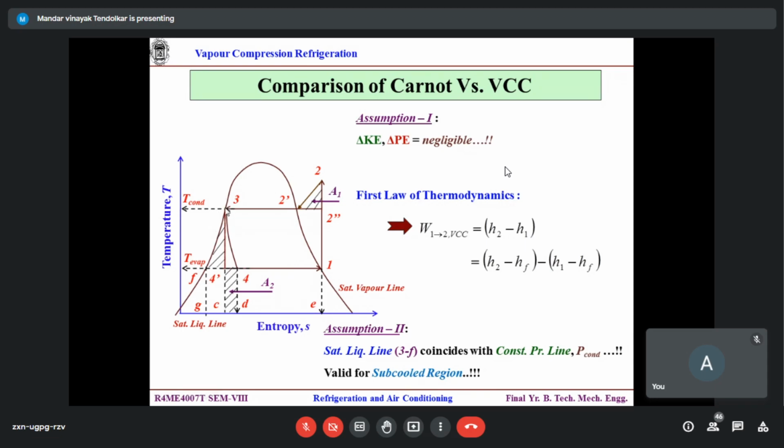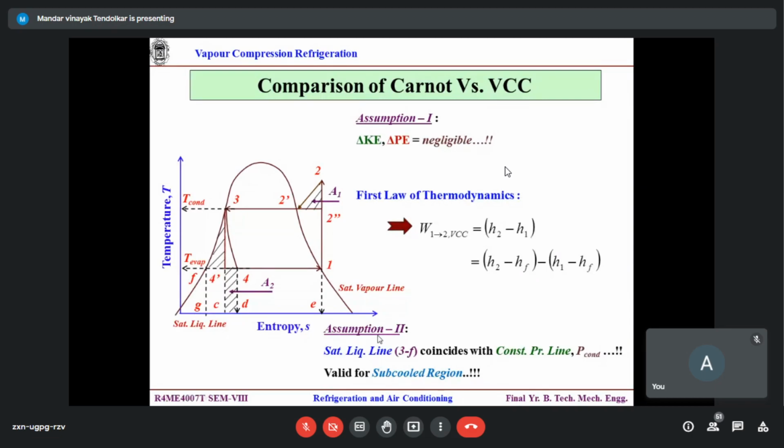So the pressure line like this for higher pressure and lower pressure line like this, I mean condenser pressure will be something like this and evaporator pressure something like this. They are very close to the saturated line. Do you agree? Any problem to anyone in this assumption? No, sir.